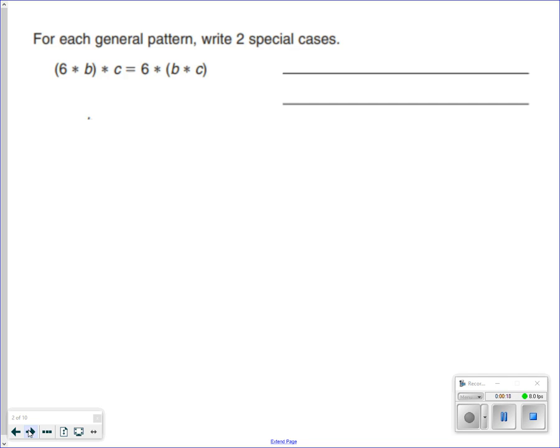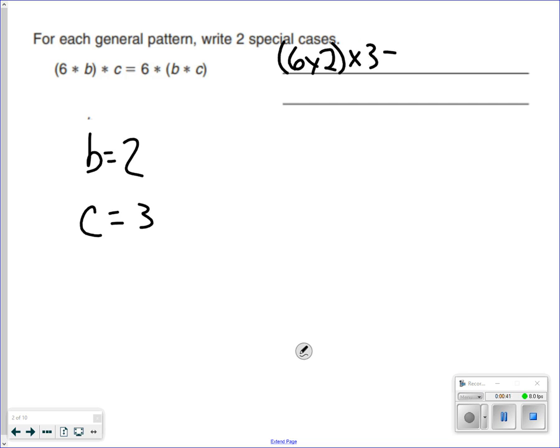In this case, we want to put in some numbers. Let's try this just to check it out, okay? Let's say b equals the number 2, and let's say c equals the number 3. Let's see if it works. We'll go 6 times b, which is 2, times 3 equals 6 times 2 times 3.